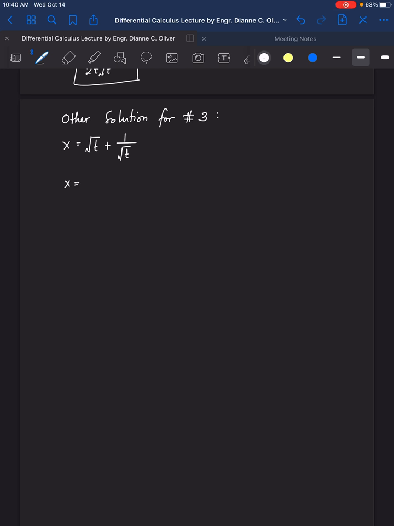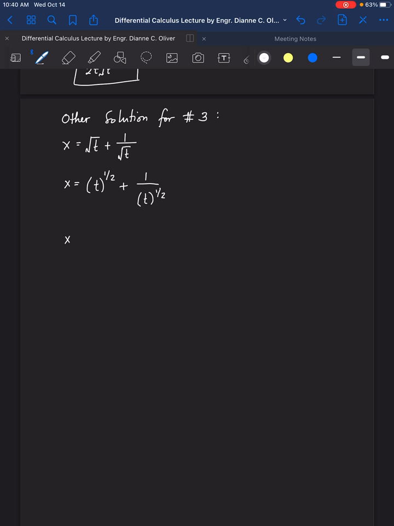We just transform this into exponent. So square root of t is actually t raised to 1/2 plus 1 over t raised to 1/2. Well, we were able to remove the square root sign, but now the quotient is still there. How do we remove the quotient part?